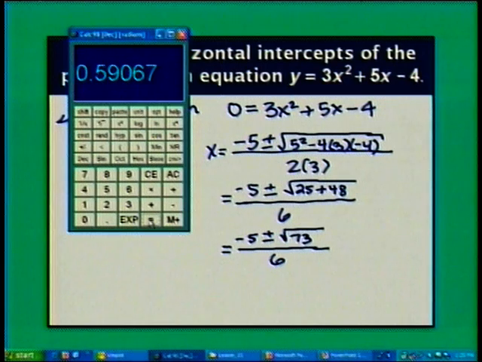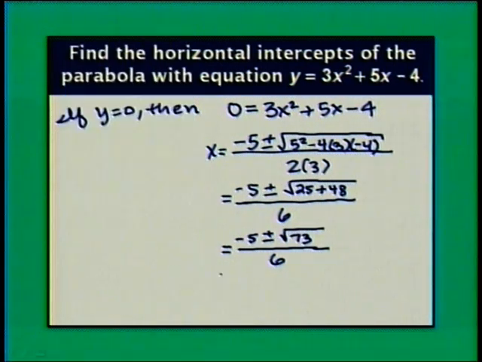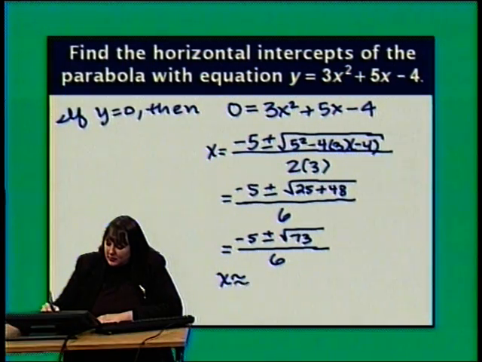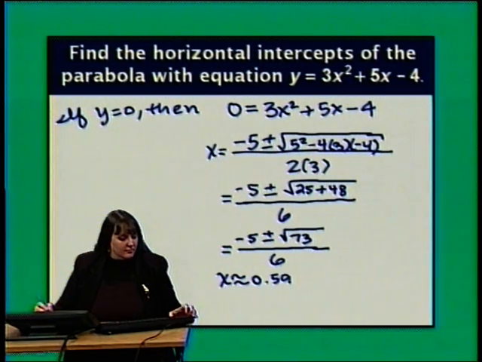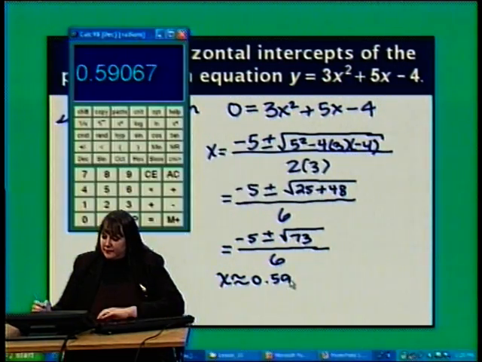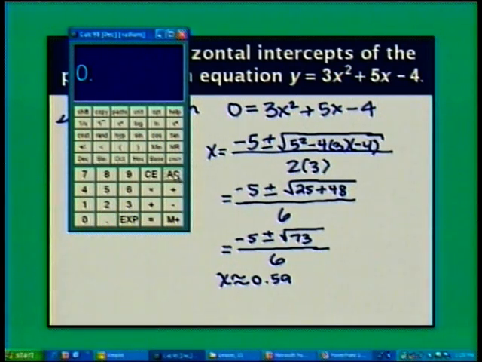This is about 0.59. What about negative 5 minus the square root of 73 divided by 6?